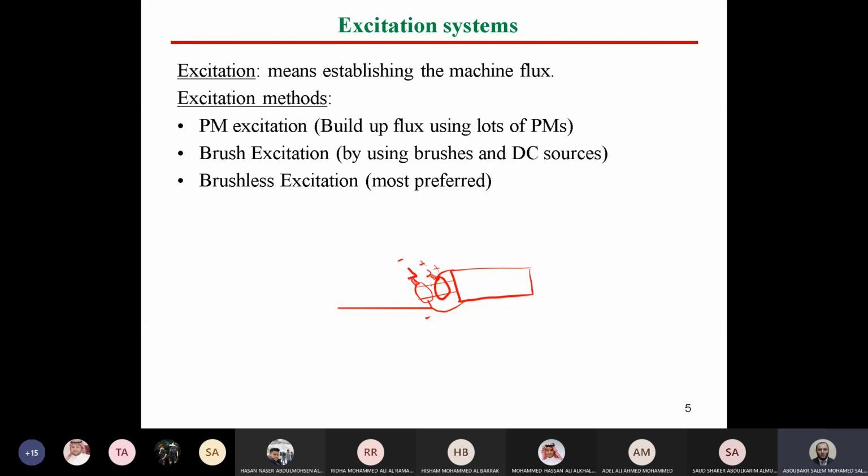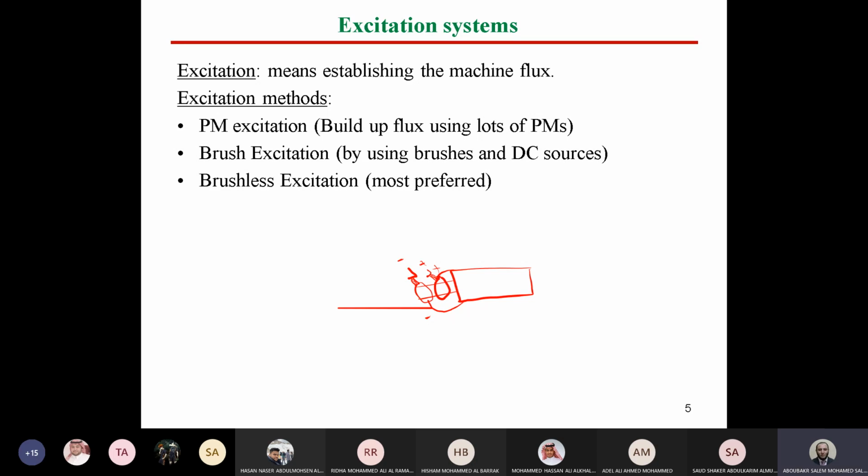With the rotation, it will make a problem or may damage the ring itself, and may make sparks. This spark in high power may cause a very big problem, may cause a short circuit between two windings, and in this case, it will be very dangerous. For that, we have to check the brushes all the time.